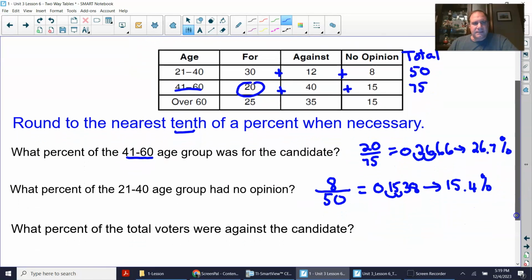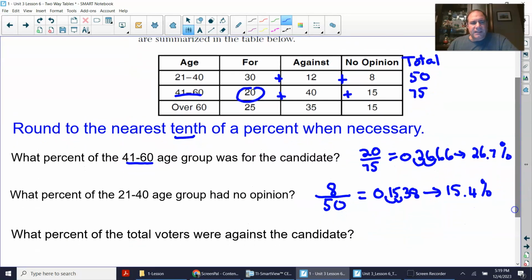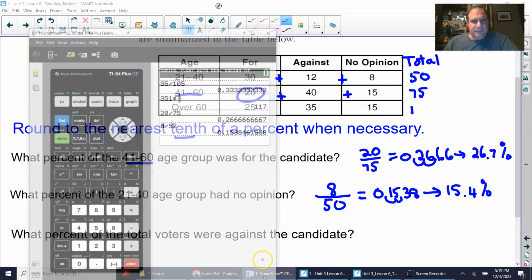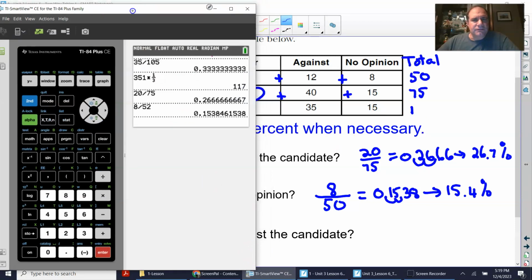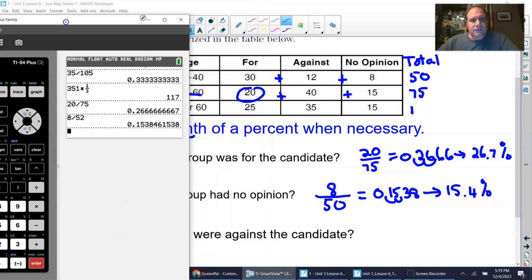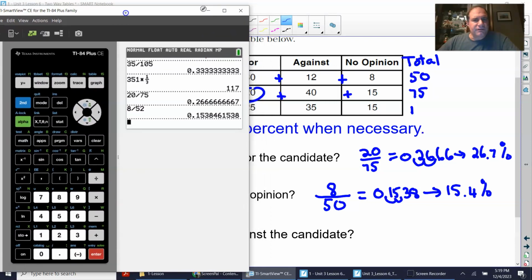And that's that. What percent of the total voters were against the candidate? So I'm going to just add these down. I can't add them down. So I have to see 25 plus 35 plus 15.